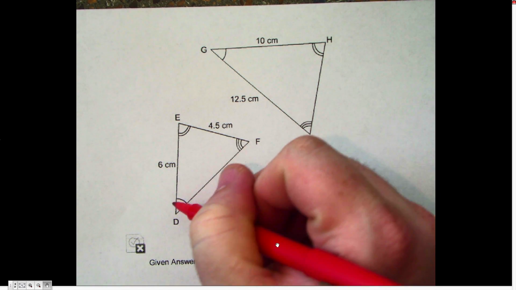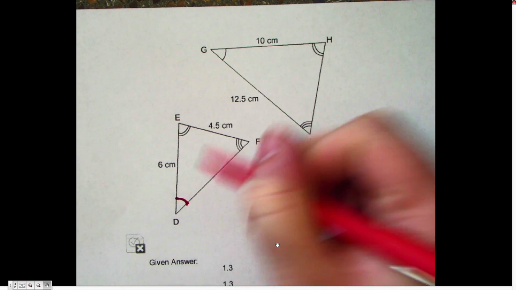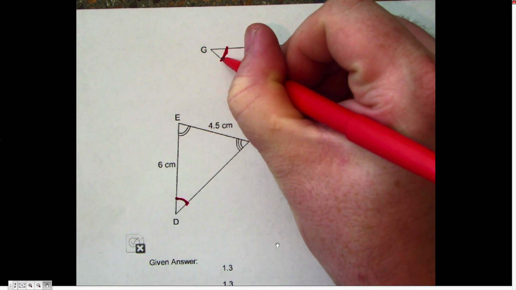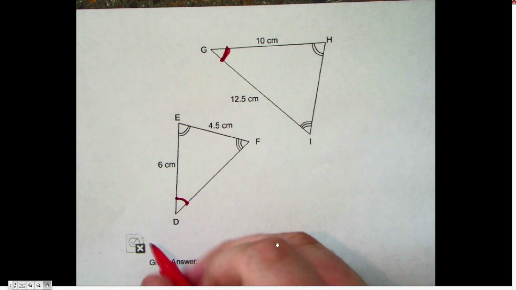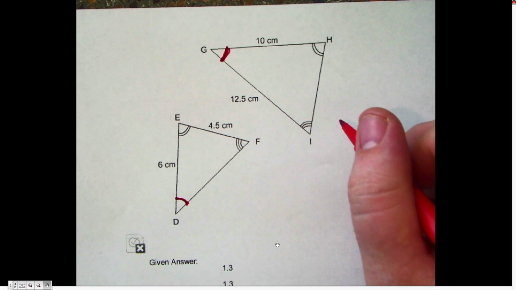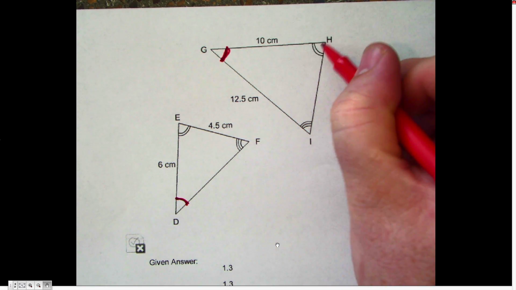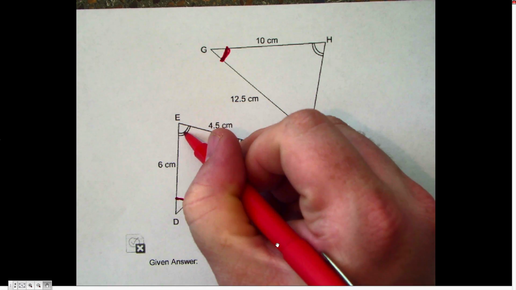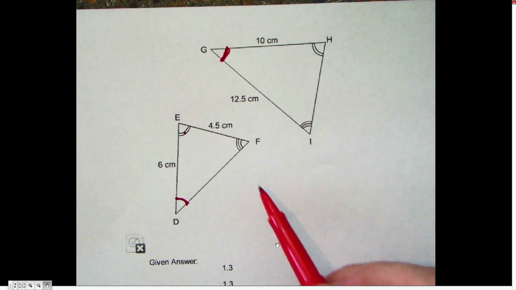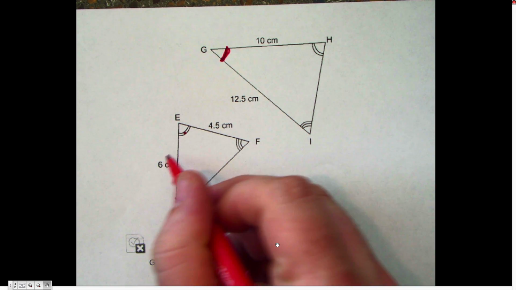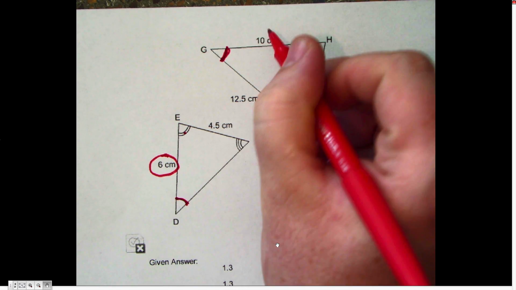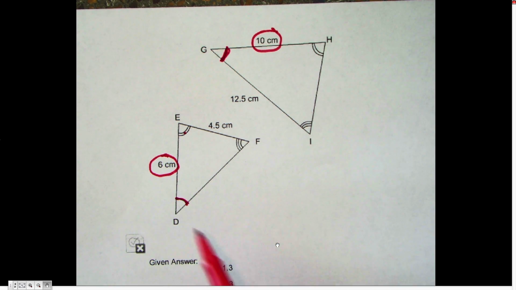So right there we need to look at the question: are they similar? Are they proportional? We look here and we see this angle correlates with this angle right here. D and G are the same angle, and H and E are the same angle because we see the two lines. So this side and this side are the same thing.